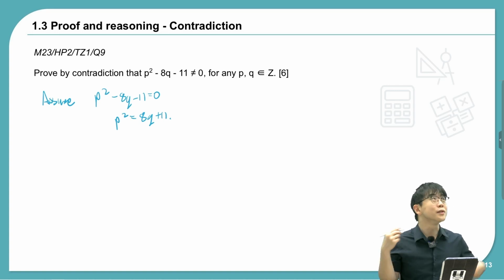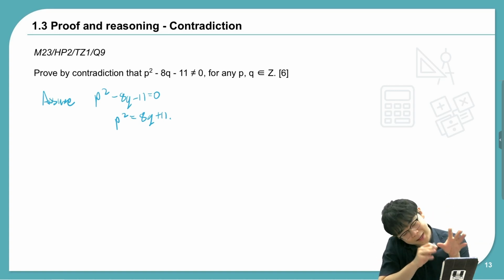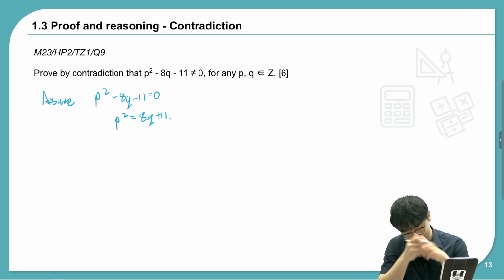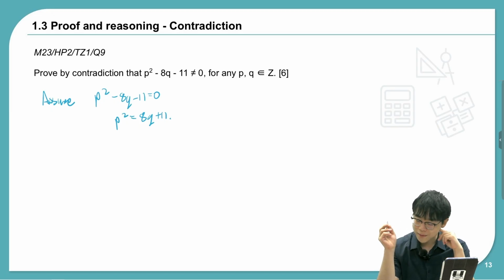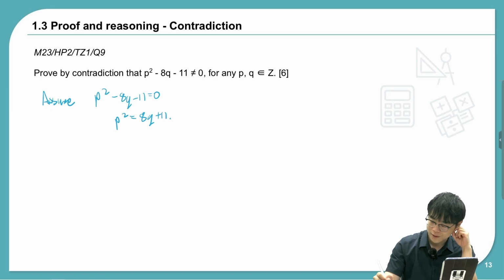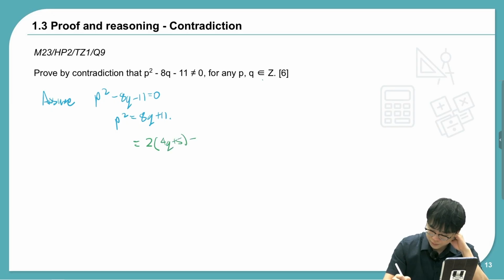So we want to do something that involves finding the left side and right side and showing that they're unequivocally false. So the best thing to do is maybe odd numbers. You want to see if these are even numbers or odd numbers, because if you look here, Q is an integer. So this is just saying 2 times 4Q plus 5, plus 1.